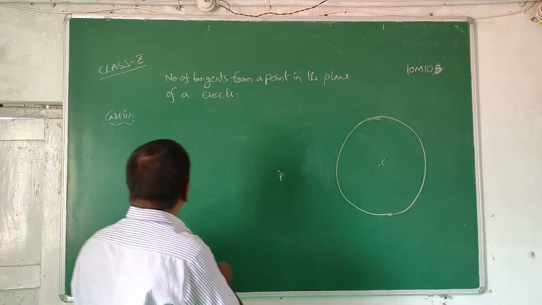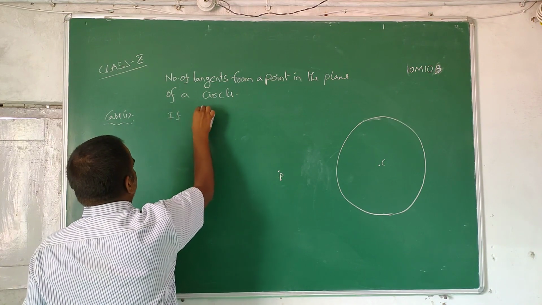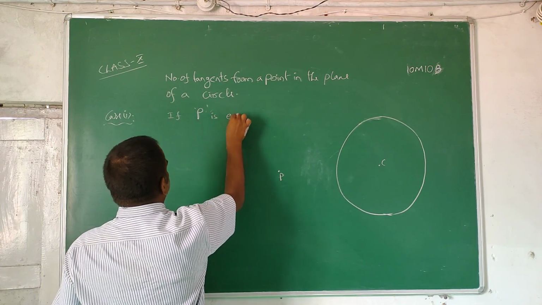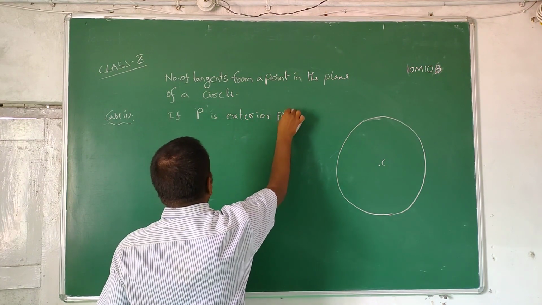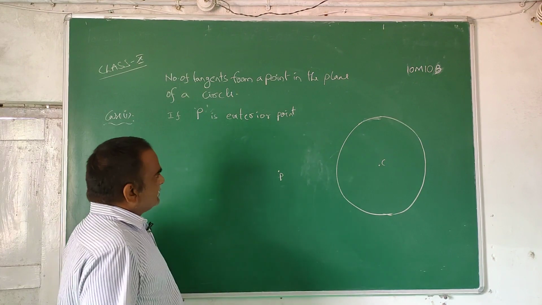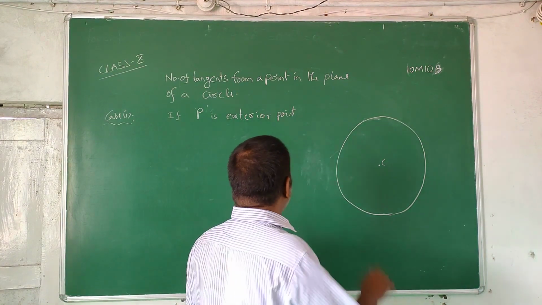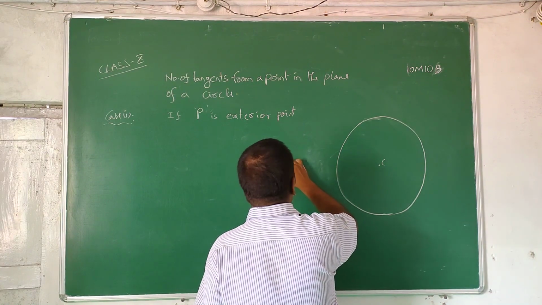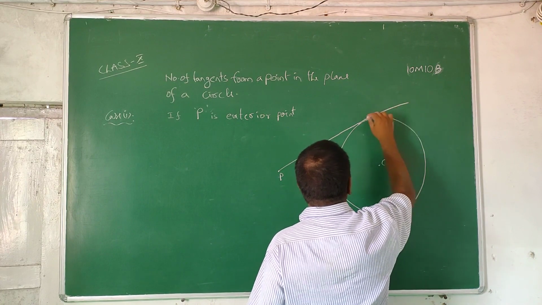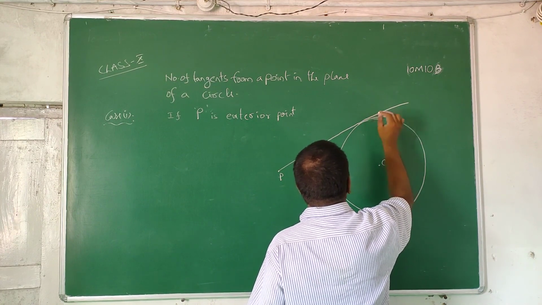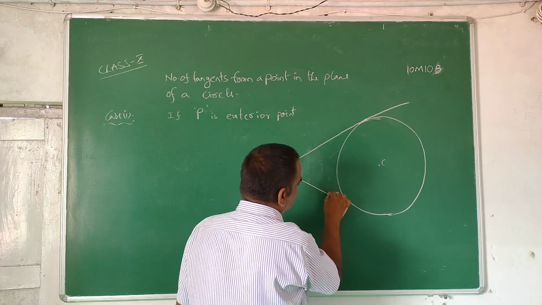So, if P is an exterior point, then how many tangents can you draw from point P to the circle? If you see that, it is clearly visible that there exist only 2 tangents from an exterior point to the circle.